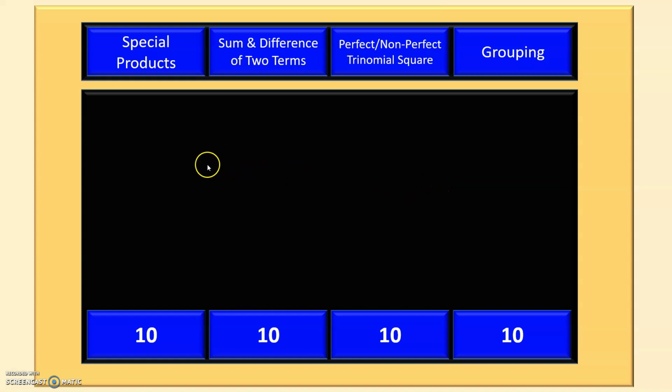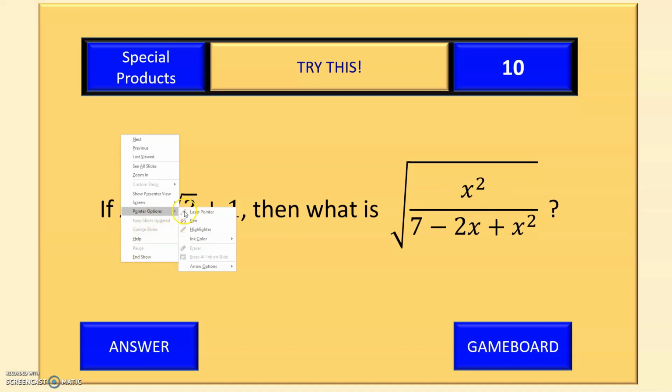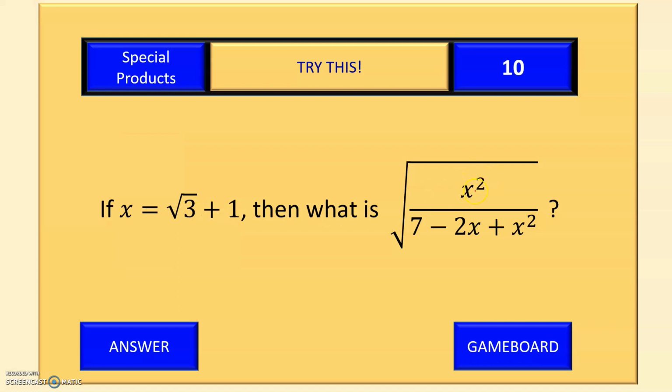Okay, so let's solve special products for 10 points. If x equals square root of 3 plus 1, then what is the value of square root of x squared over (7 minus 2x plus x squared)? Okay, so actually, if you'll notice, our numerator is the square root of x squared.